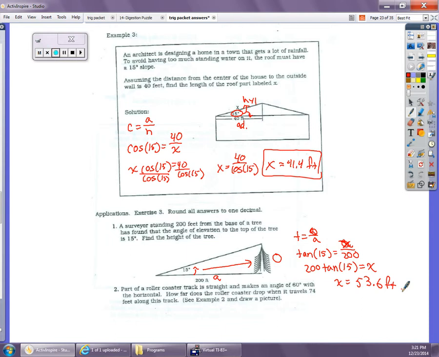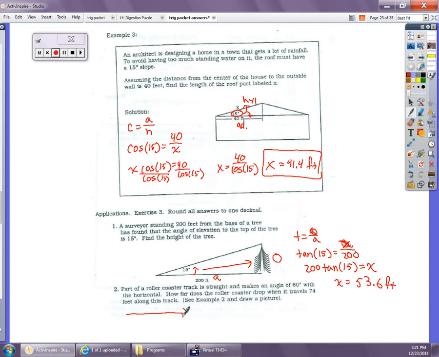It says part of a roller coaster track is straight and makes an angle of 60 degrees with the horizontal. How far does the roller coaster drop when it travels 74 feet along this track? So there's our roller coaster, there's a track.